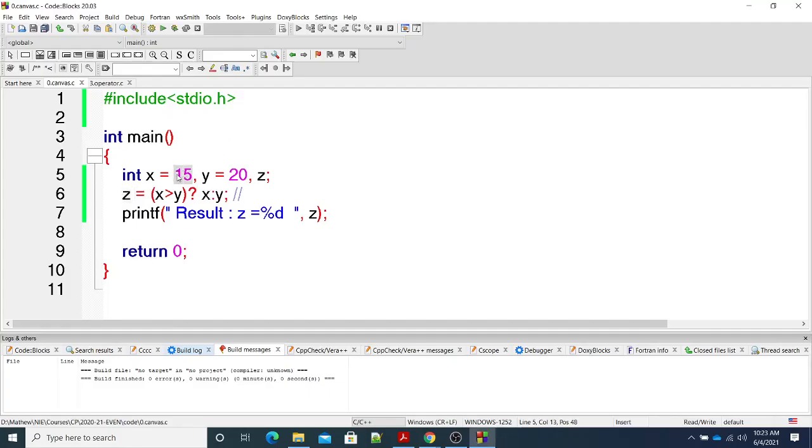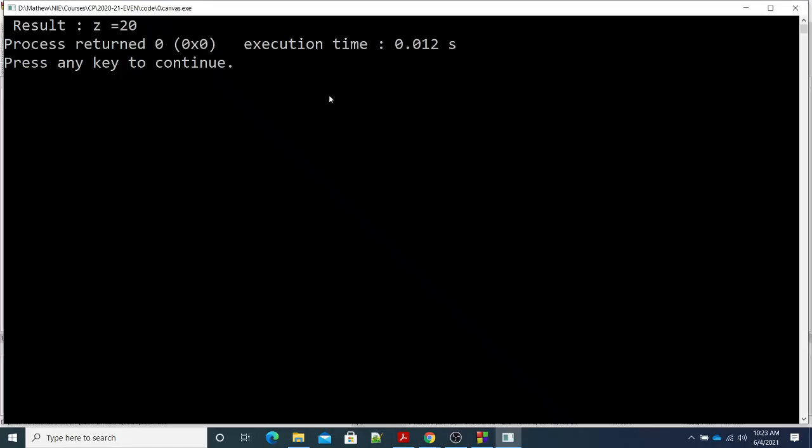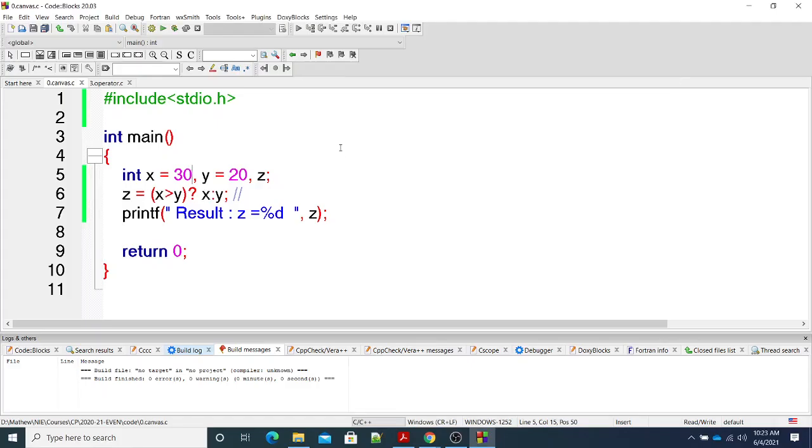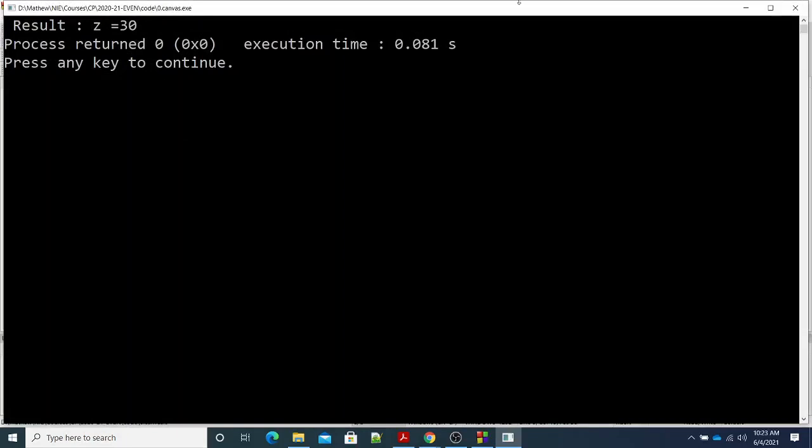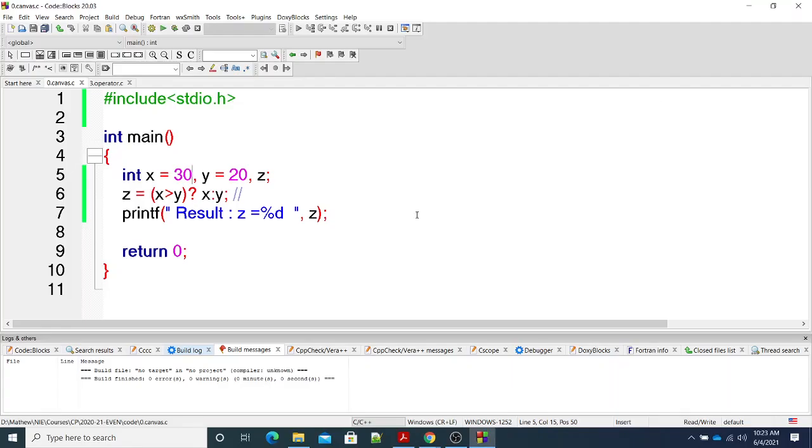Suppose this is larger, I don't change anything, I will compile and execute again, z is equal to 30. Let me see, this is permitted, yeah.